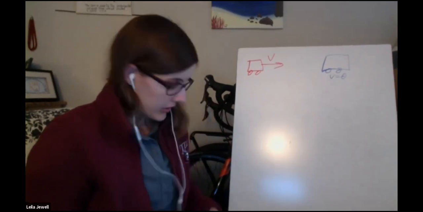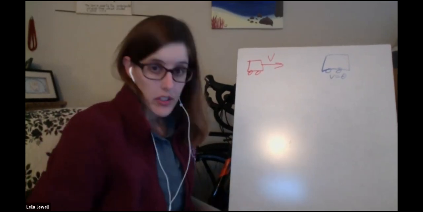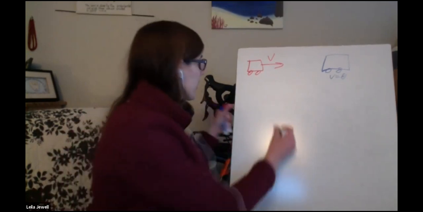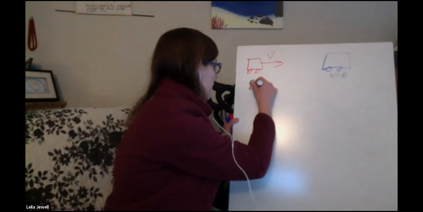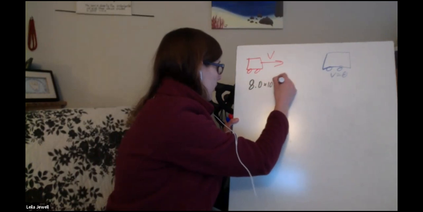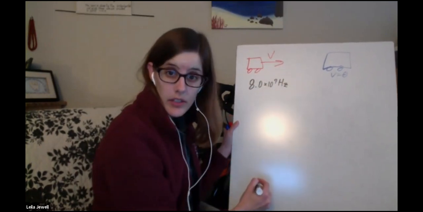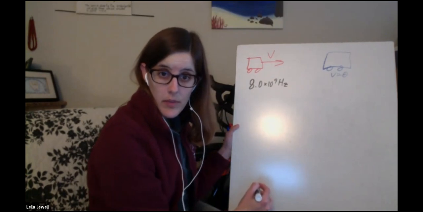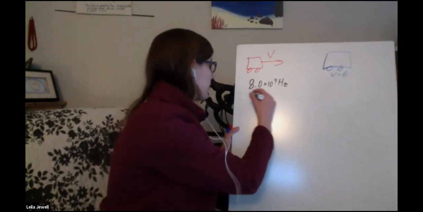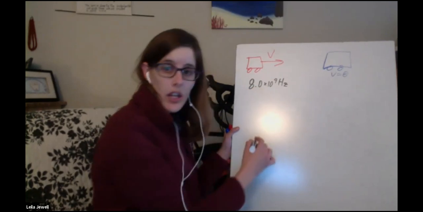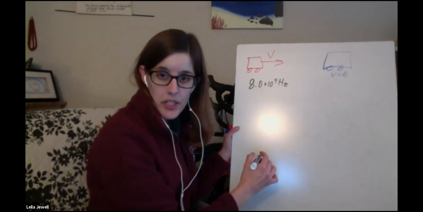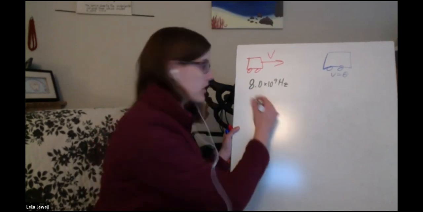And then we can jot down the other pieces of information that they give us, right? They give us this 8 times 10 to the 9 hertz. Then they give us what the police car detects, as well as what the speeding car detects, which I'm going to focus on that.